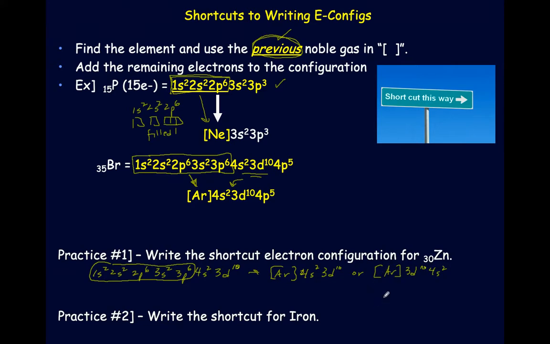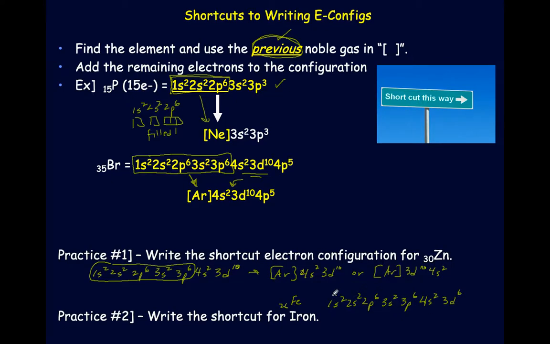If you wanted to do iron, which is Fe, you can do the same thing. That's going to be 26 electrons, so 1s2, 2s2, 2p6, 3s2, 3p6. Again, we go to 4s2, and then we count up to 3d6, and that would be iron.